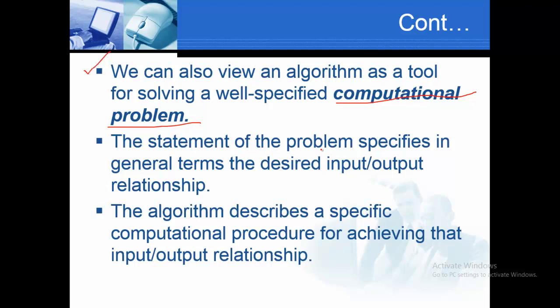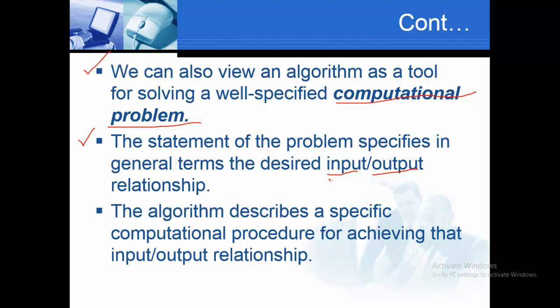The statement of the problem specifies in general terms the desired input-output relationship. It's another important aspect of an algorithm: you provide input, but the input must be relevant to the output. There must be a relationship between the input and output. For example, we write an algorithm for an air ticket system or railway ticket system.